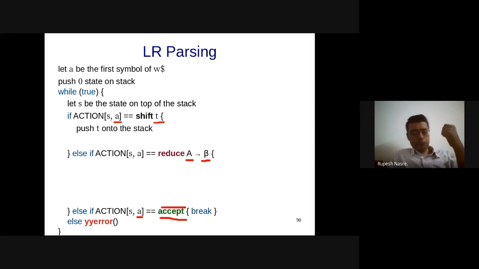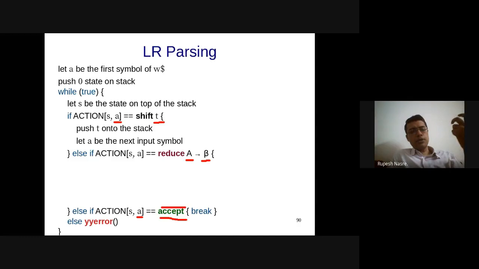In our case these are kind of synonymous, but shift T is the state which I am pushing onto the stack, right? Which is more like an abstraction. And then let A be the next input symbol, because I have consumed small a. Now let me point A to the next input symbol without consuming.